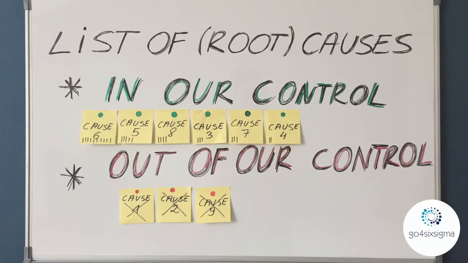Okay, and you have the fishbone diagram ready, people voted, and your role is to prepare a list of root causes with the number of votes per each root cause. So that's why it's so important to put a number next to each root cause.